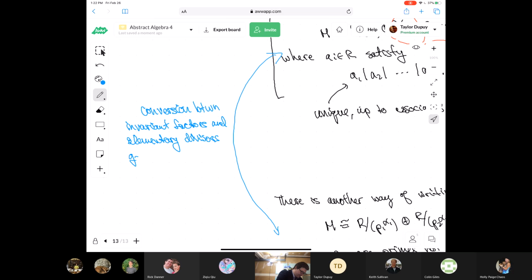goes through the Chinese remainder theorem.